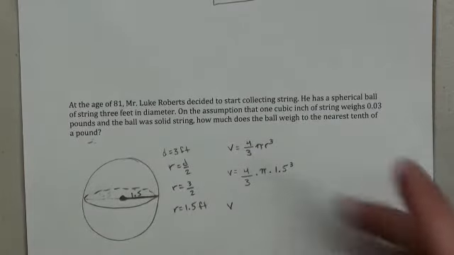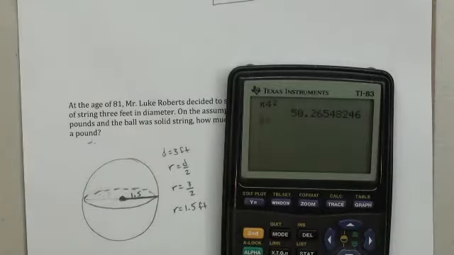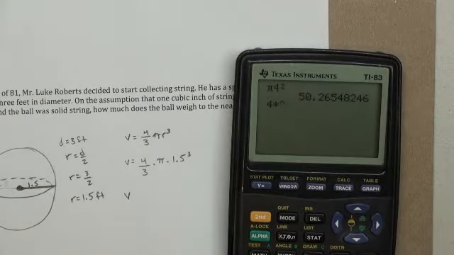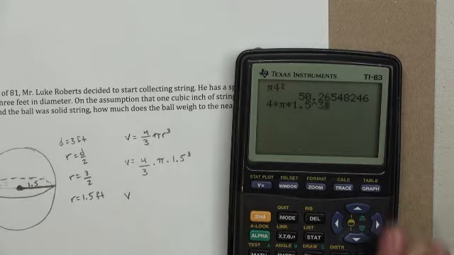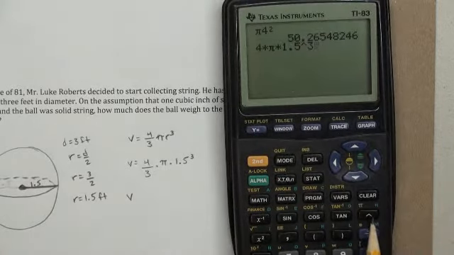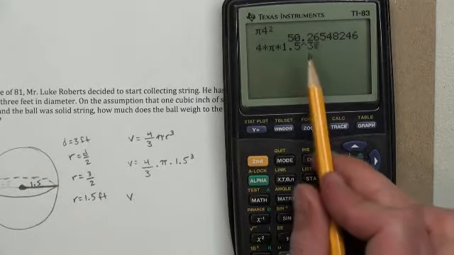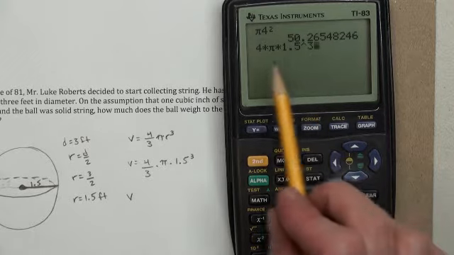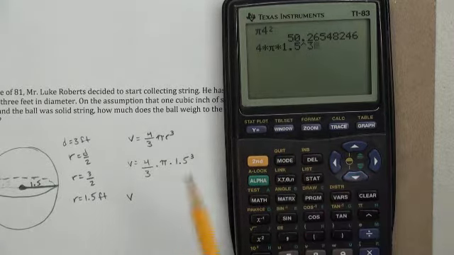So the volume is 4 times pi times 1.5 raised to the third power. We use this caret button to raise something to a higher power than 2. So that's 4 times pi times 1.5 cubed.